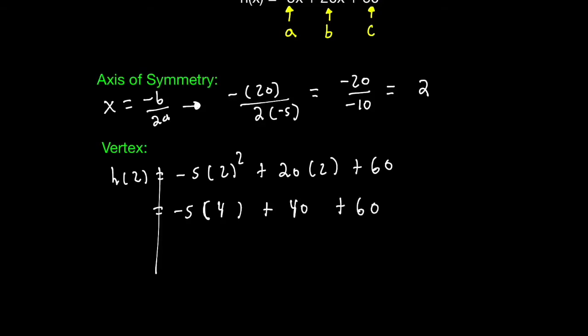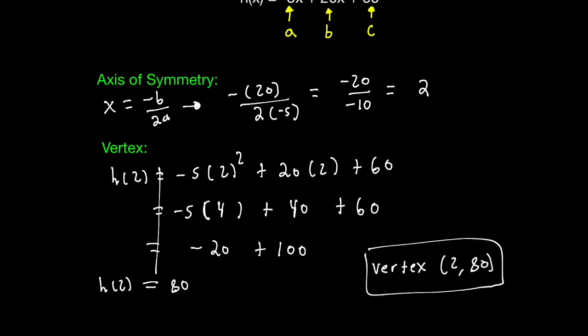And then we're going to add 60. Negative 5 times 4 is negative 20. And then 40 and 60, I'm going to simplify these into 100. And negative 20 plus 100 is going to be 80. Together the vertex is going to be 2, 80.